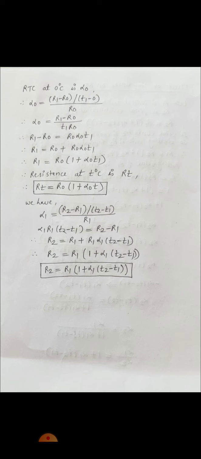So alpha 0 is the change in resistance, that is R1 minus R0, divided by T1 minus 0. That T0 is 0 degree Celsius, so it is T1 minus 0, divided by, as we are calculating RTC at 0 degree Celsius, the corresponding resistance R0. So alpha 0 equals R1 minus R0 upon T1 R0.